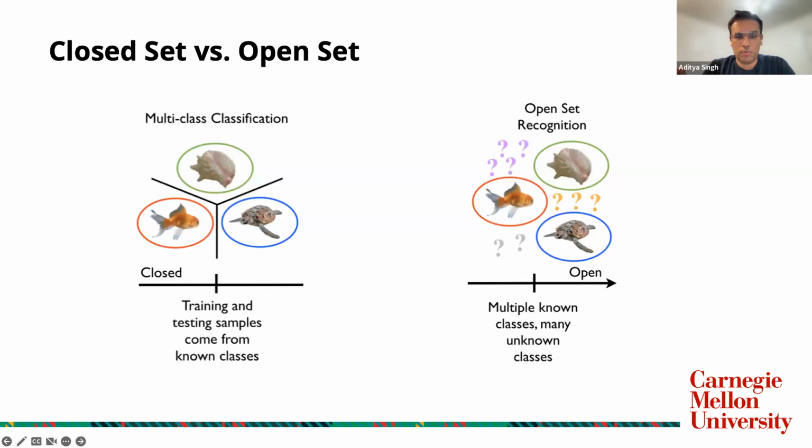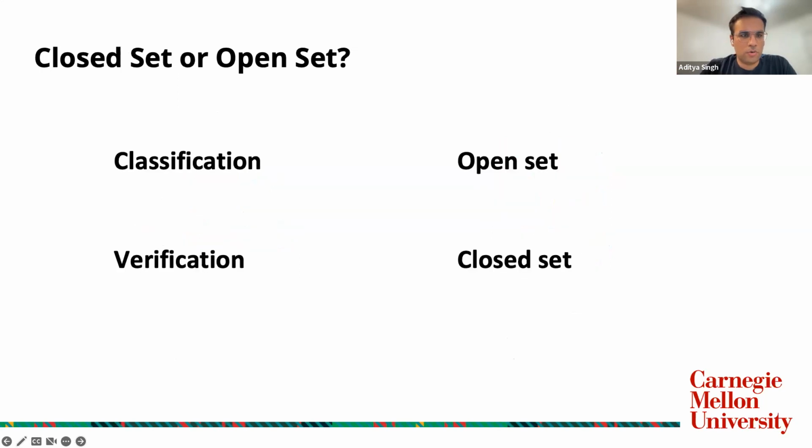So at test time, your model is shown an image from a category that it has never seen before. So just going off of that information, I'd like to ask you all, what do you think is the mapping here? Is classification open set or closed set, and what do you think about verification? Feel free to unmute yourself and just say, or type in the chat.